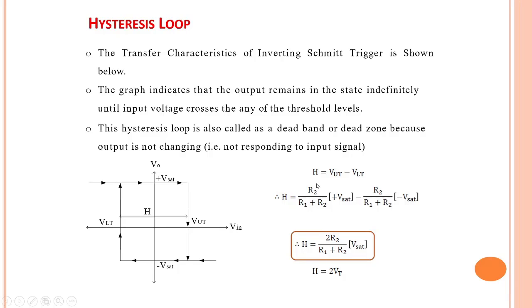The hysteresis factor H, also called a dead band or dead zone, is given by VUT minus VLT. Putting in the formulas for VUT and VLT, we get H equal to twice R2 divided by R1 plus R2 multiplied by Vsat, or 2 times the threshold voltage.